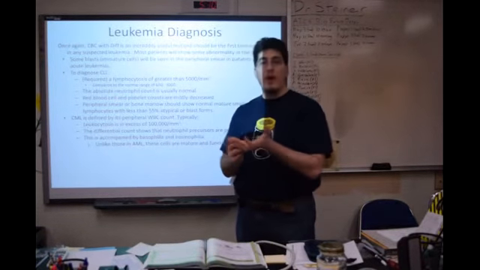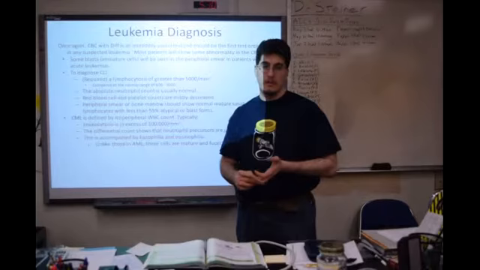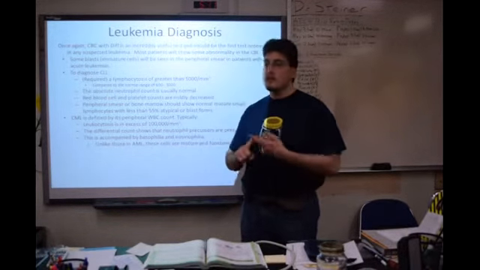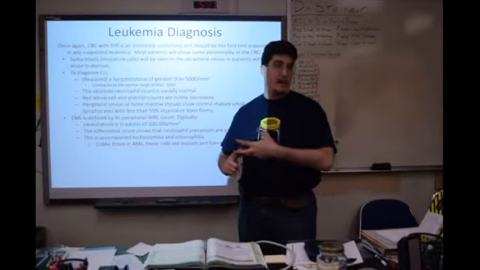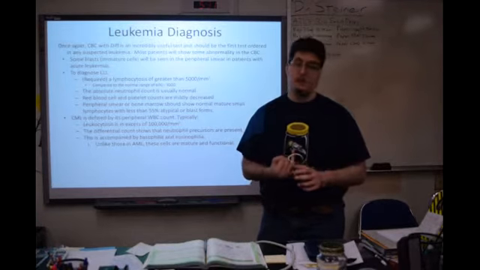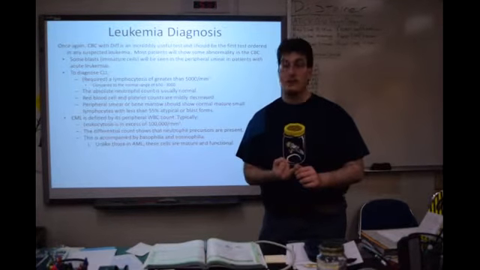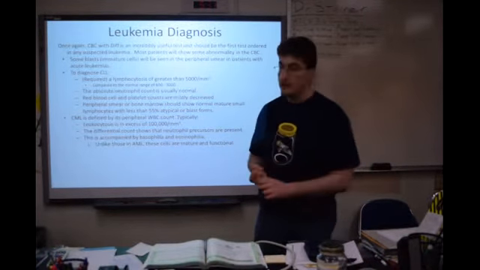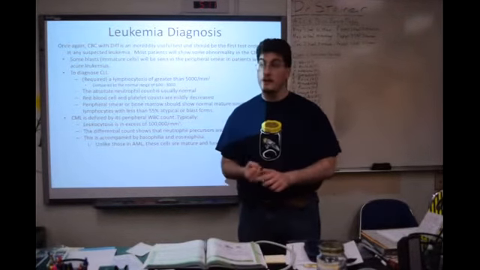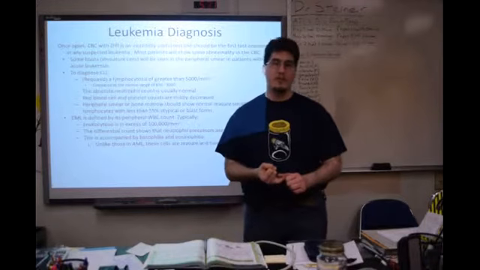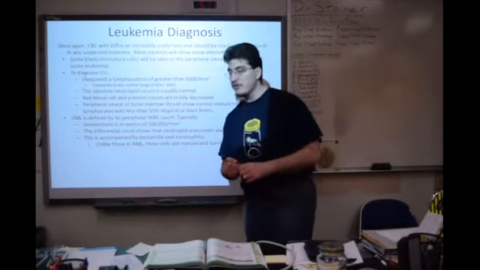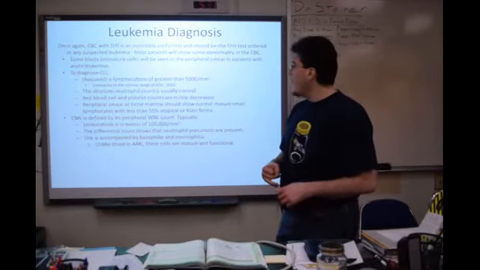Leuko is white cell in total. And penia is a low number of all of them. So lymphopenia, monopenia, neutropenia, basopenia, eosinopenia, which you'll never see, because they're supposed to be in low quantities anyway. That would just be if you just added definitions together. But they're already supposed to be less than 1%, or 1 to 4% for eosinophils, and less than 1% for basophils anyway.